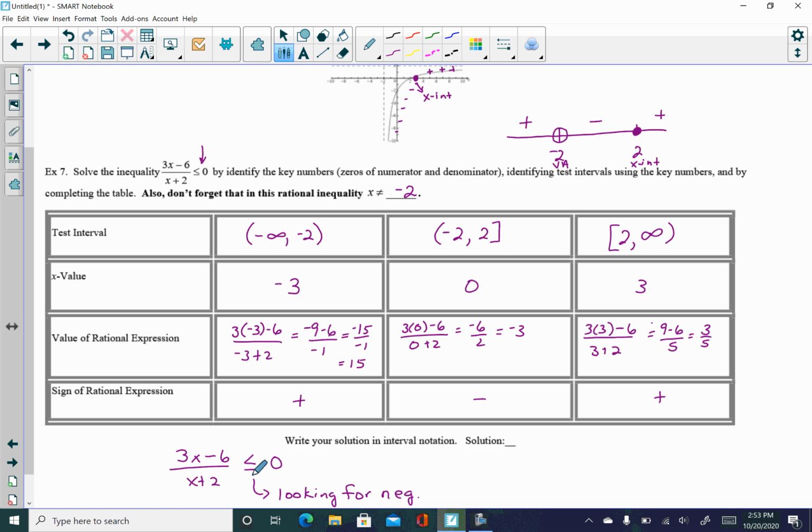If you're less than or equal to, you are looking for the negative intervals. I had one thing in my head and was saying something different. Sorry about that. All right, so since this is less than or equal to, I'm looking for my negative intervals. Let me write that out. Negative intervals. And that only happens in one instance here, from -2 to +2, parenthesis, bracket.